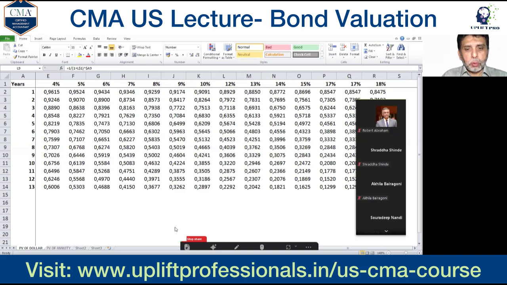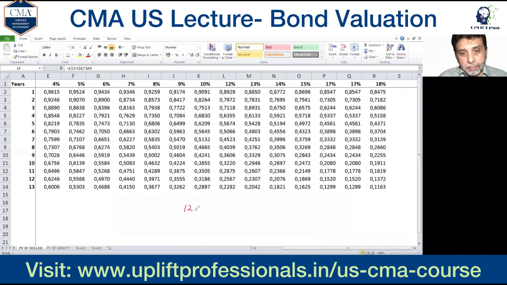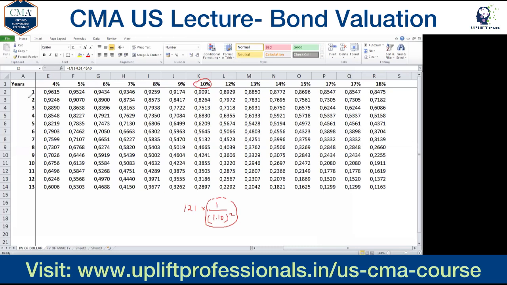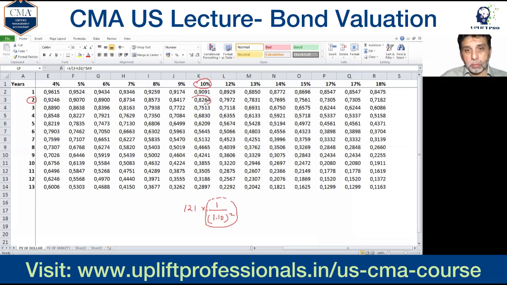So what would you do? What was that thing which you had to solve? 121 into 1 divided by 1.10 the whole squared, right? This 1 divided by 1.10 the whole square can be found here. Can anybody of you tell me what is the value? You will have to see for 10% interest, 2 years, which is 0.8264.